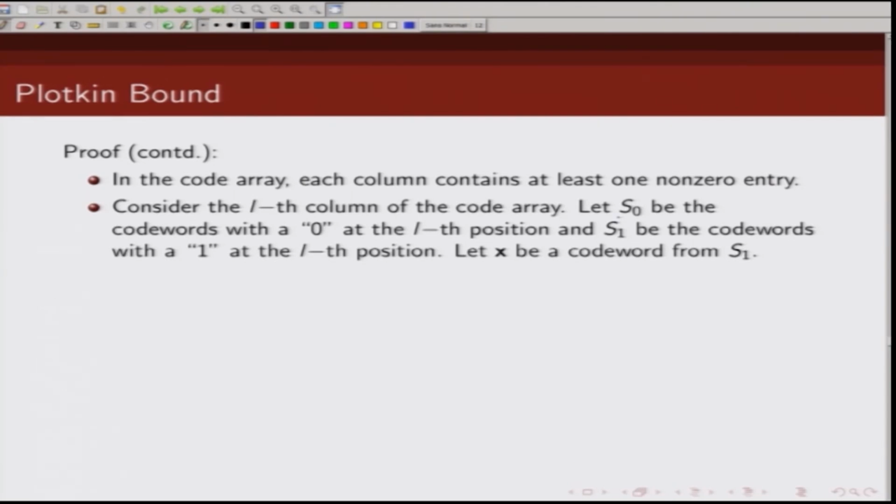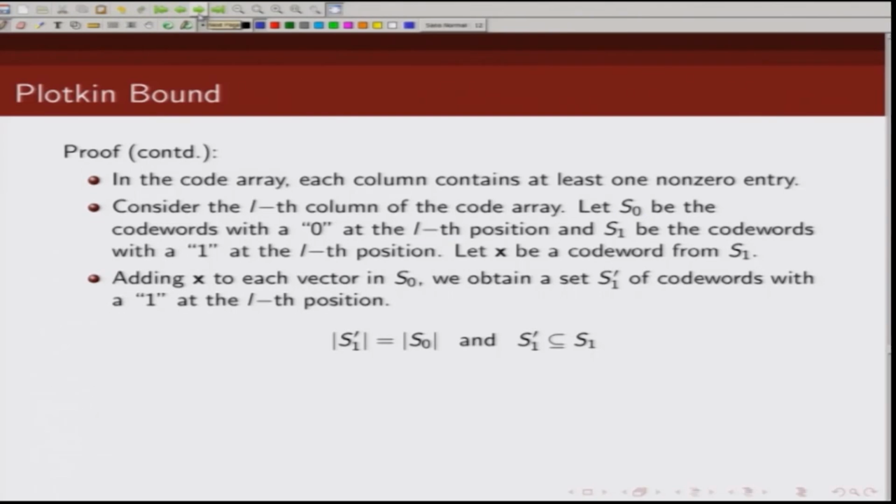Let us denote by S0 the set of code words that have 0 at the lth location and S1 the set of code words which have 1 at the lth location. And let us pick up a code word X which belongs to this set S1, which has 1 at the lth location.